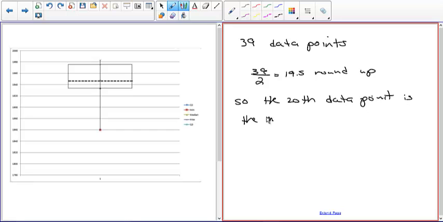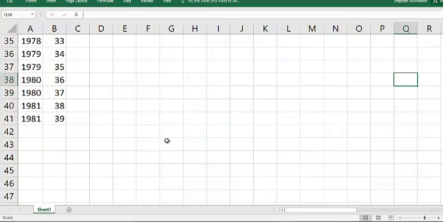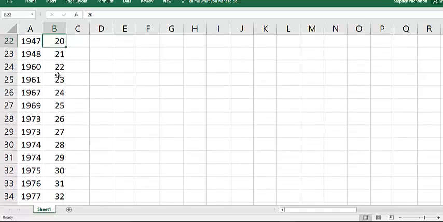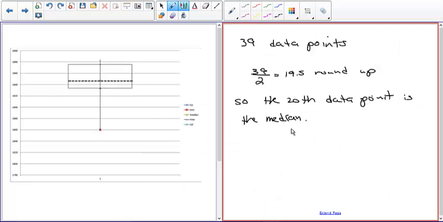In this case, we don't have to take an average, we just read it right off the chart. So we go back to our spreadsheet and ask which was the 20th data point, which was 1947. There we don't have to do any calculations, just look it up. So the 20th is 1947, and because it's the median, it's Q2.